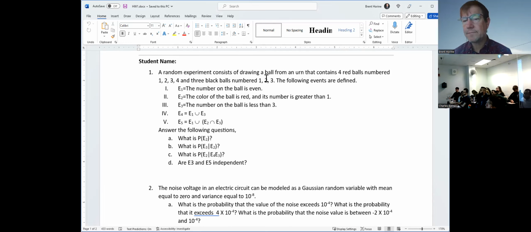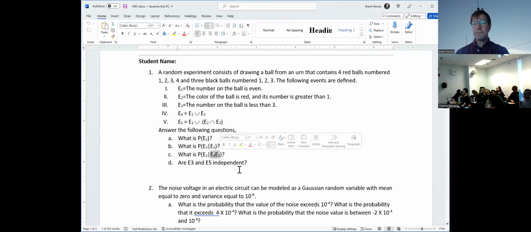Yeah, 3 out of 7, because there are 3 balls in this compound event, and there's 7 total, right? So work that out on all of these. In this case, like E4, E3, that would be the intersection of those 2 events. So write out what's in E4, write out what's in E3, and look at what is in common for those.